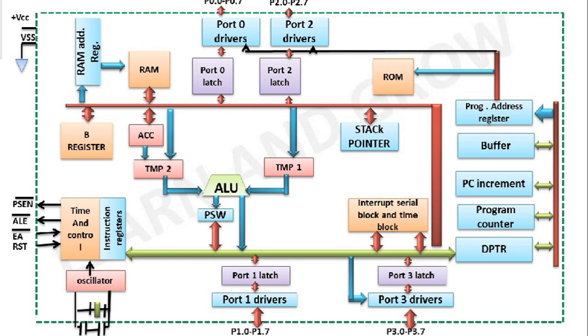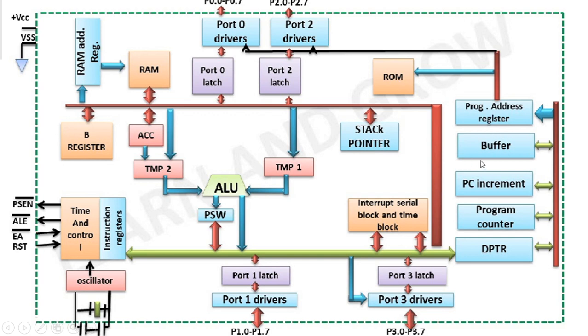Okay, this program memory is actually the ROM memory space. So this program counter actually holds the address of the next instruction to be accessed from this ROM memory. This PC increment unit is actually used for automatically incrementing the value of program counter after each instruction fetch operation.